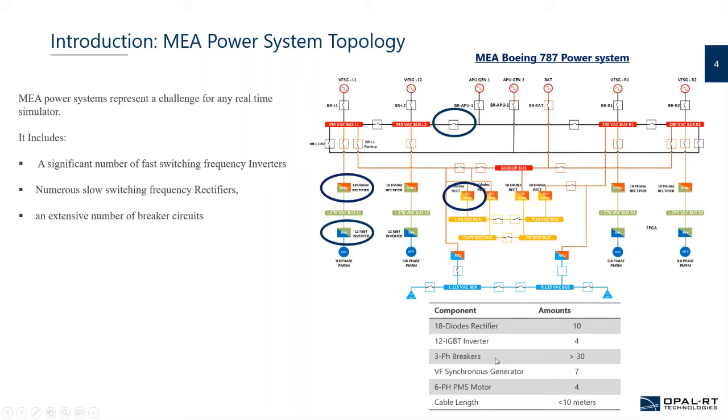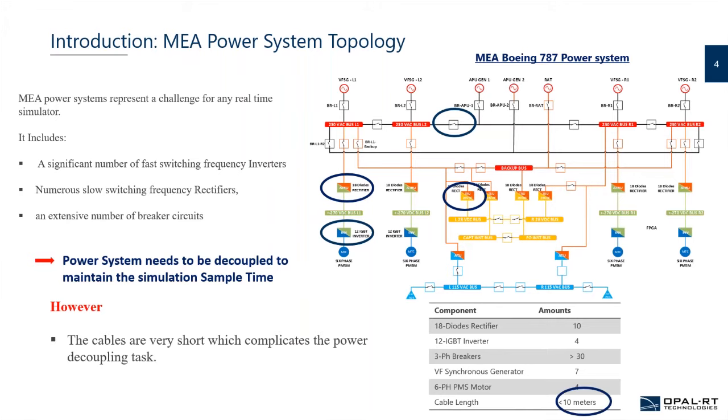So this means that the power system needs to be decoupled to maintain the simulation sample time at the desired value, by assigning the different subcircuits of the power system to be simulated in different computation units. The problem here is that this power system includes only very short power cables, which complicates the power decoupling task, as we will see in the next slide.